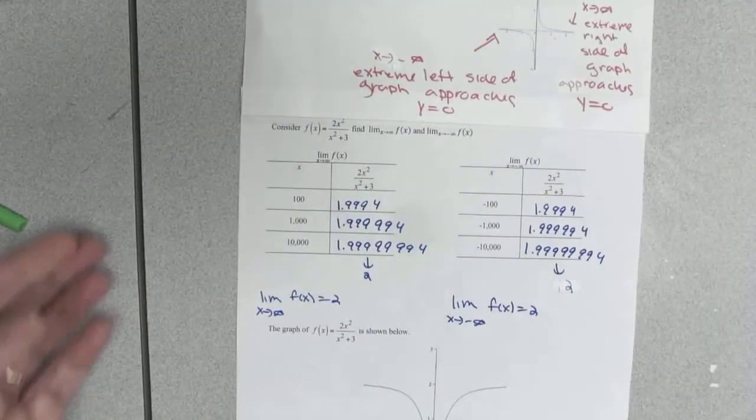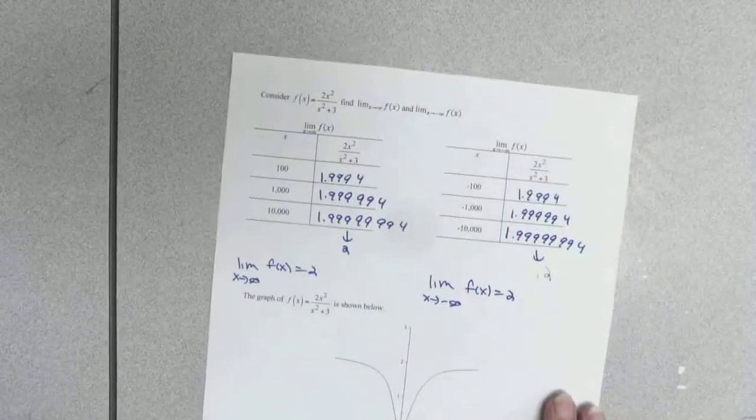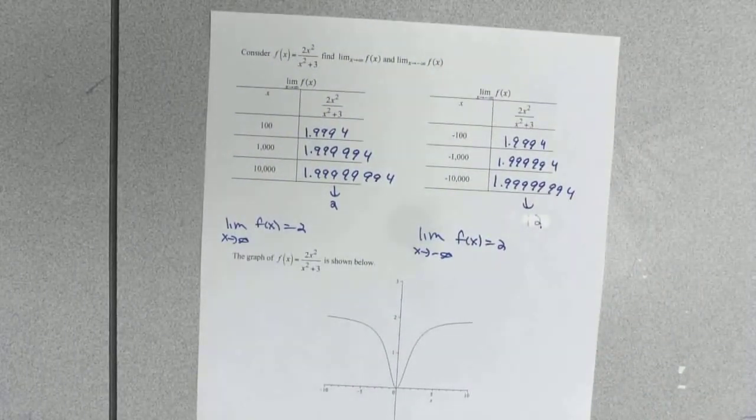And down below we see that graph. And notice on that graph, I'm going to draw a little line here. How about we do it in pink? I like pink.